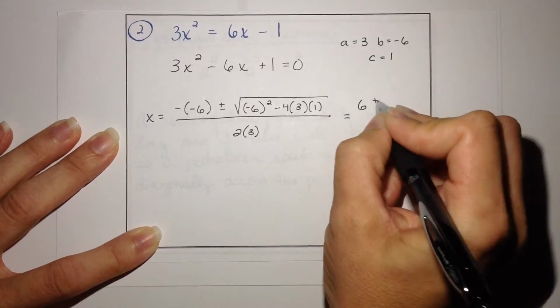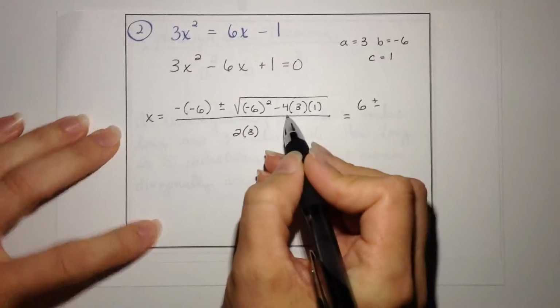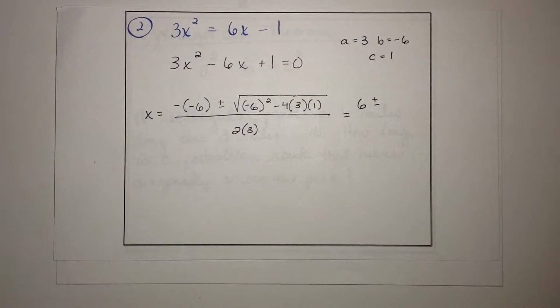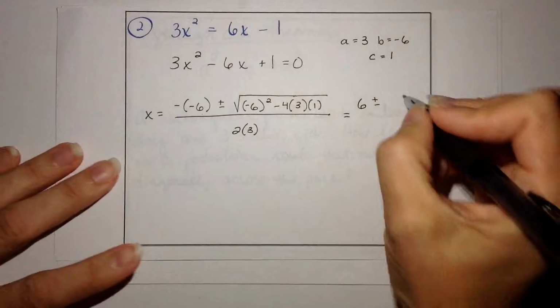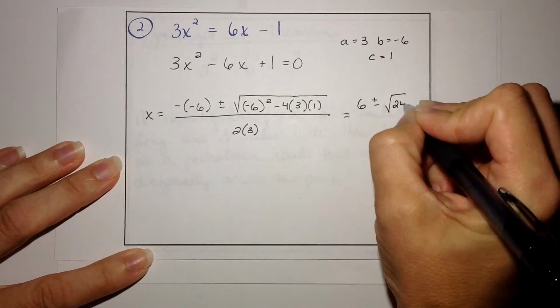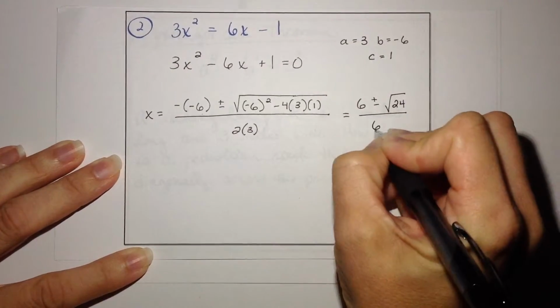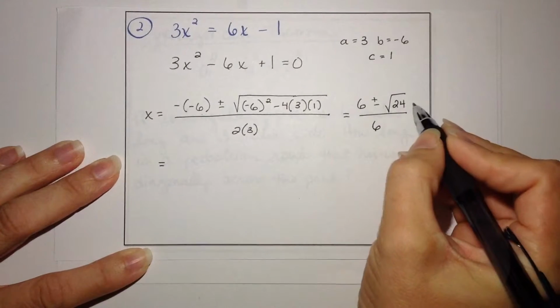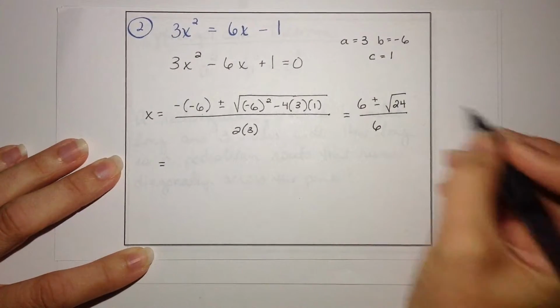Okay, so of course that's going to end up just being a positive 6. Okay, again, underneath your radical, that's going to end up giving us, what, 24, I believe. Yes. Square root of 24 over 6. Now, 24 is not a perfect square, but it can be simplified.